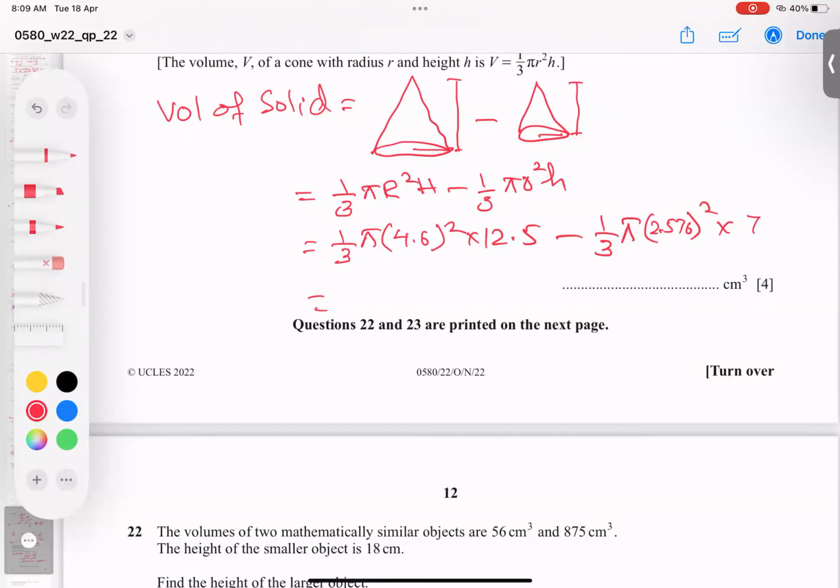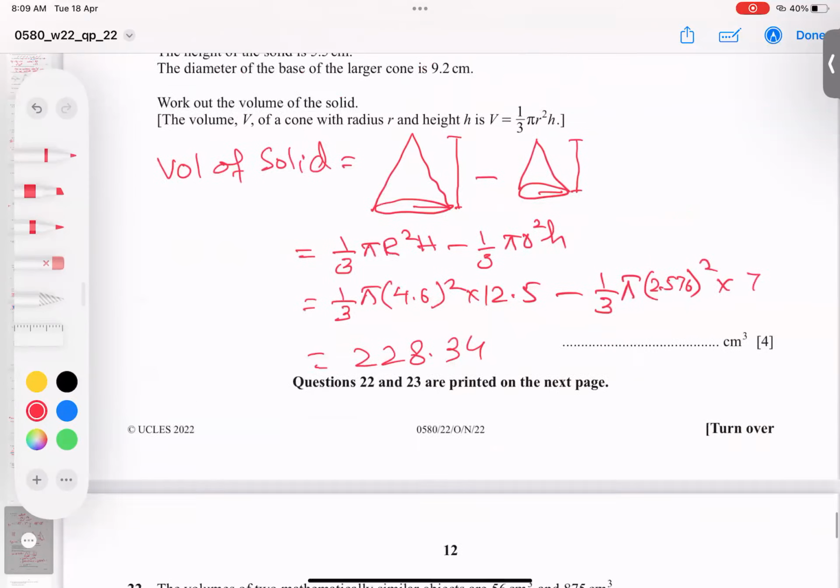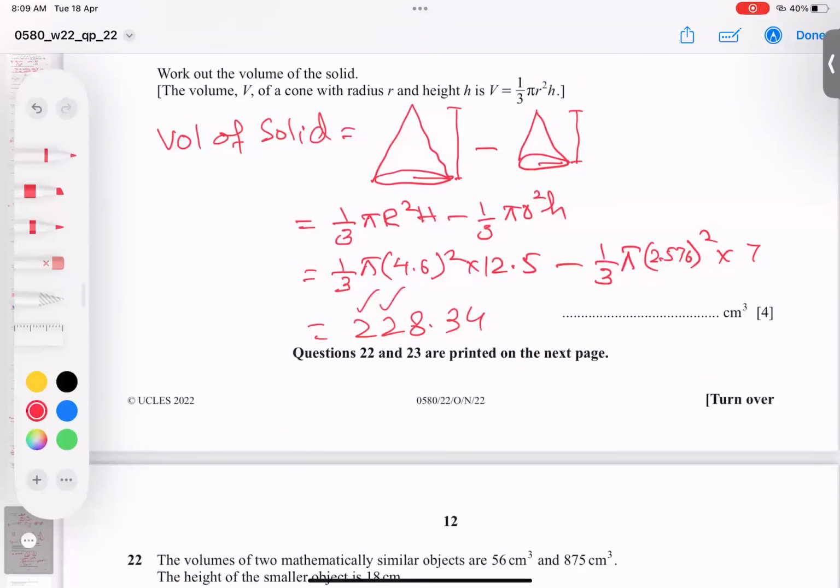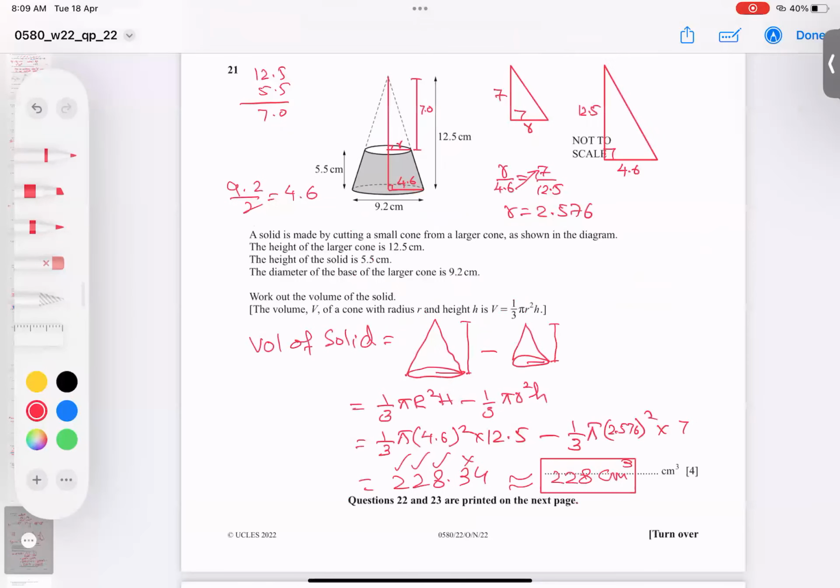The answer I'm getting is 228.34. He did not mention anything here, so we'll write 3 significant figures. Approximately 228 centimeter cube is my final answer. And I believe you got the idea very clearly.